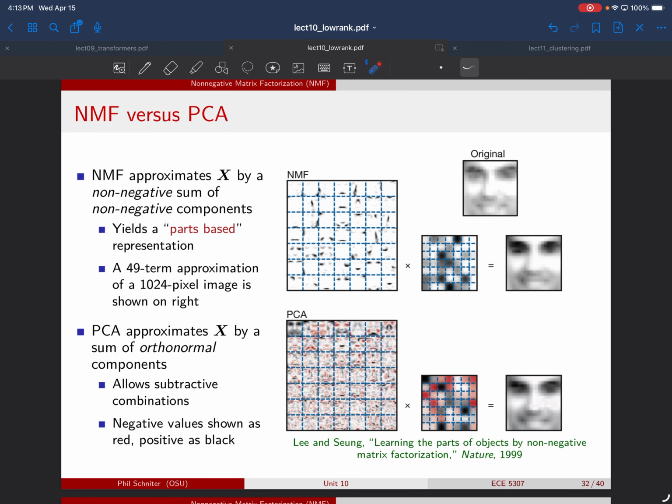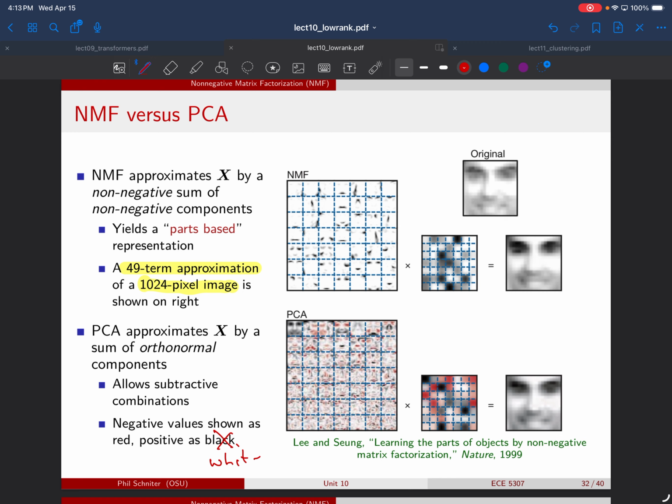In this example, we have a 1024 pixel image, and we're doing a 49 term approximation. What's a little bit non-standard about the way these figures were generated, and there's a typo in what I say here, is that the positive entries are white.